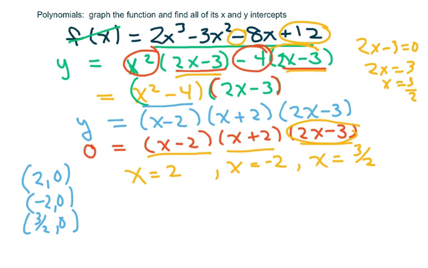Those are your x-intercepts. Your y-intercept is when x is 0. So all I'm going to do is take this equation here, and everywhere there's an x, I'm going to put a 0, because when x is 0, we want to know what y is.